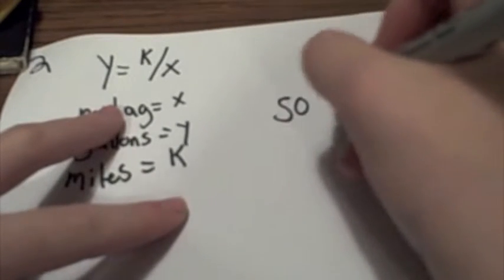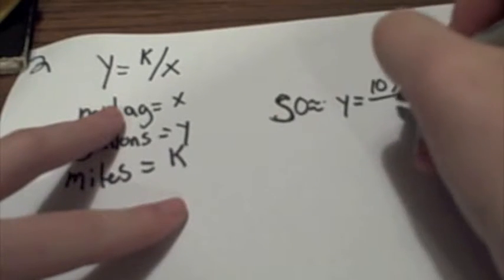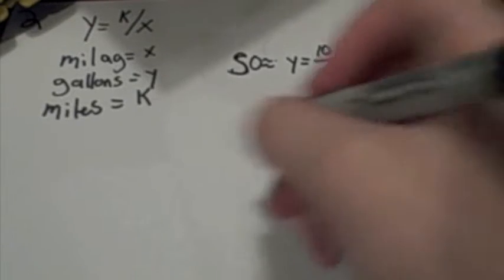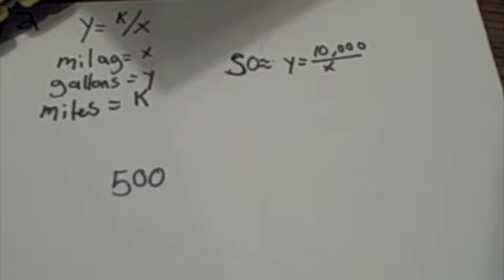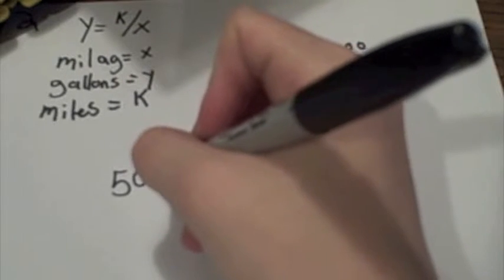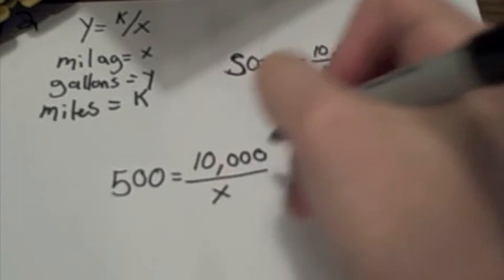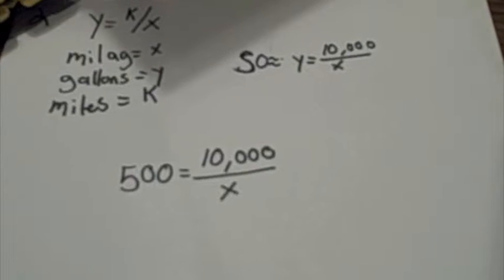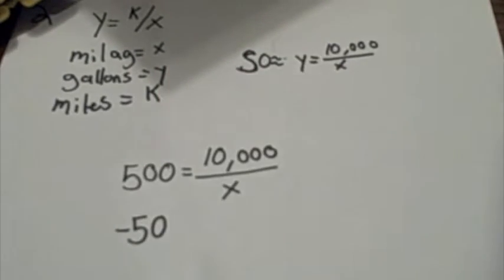So, y would equal 10,000 over x. Next, we have to use this in an equation. We don't have a set gallons, so I decided to use the number 500. So 500 equals 10,000 over x minus 50 because you are trying to save gas.